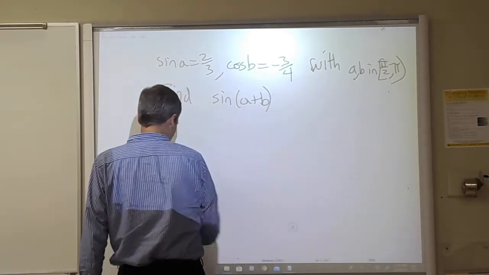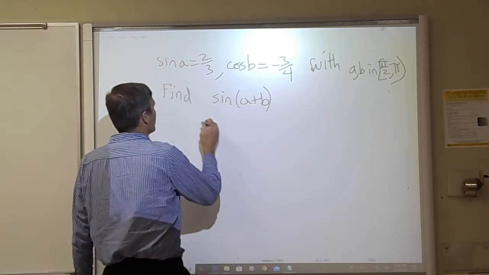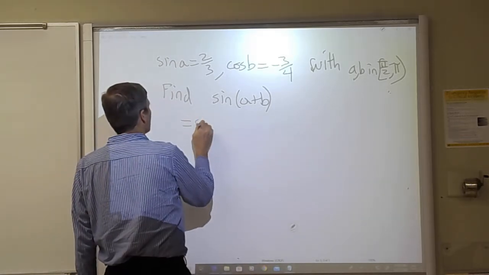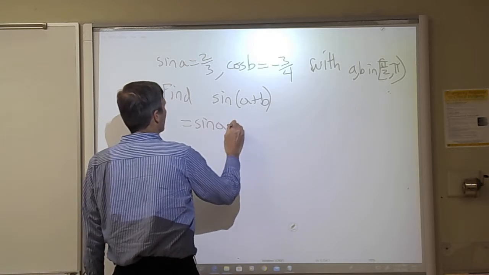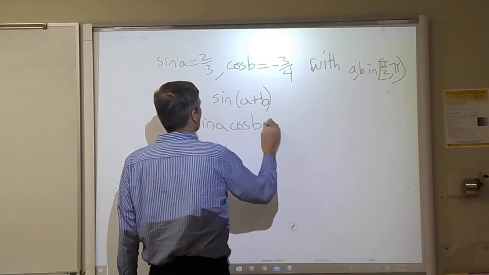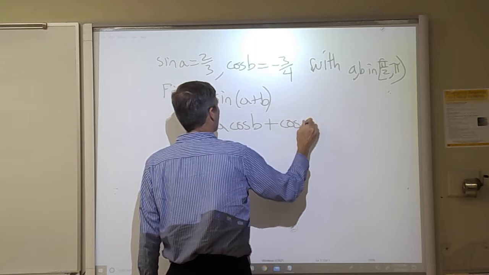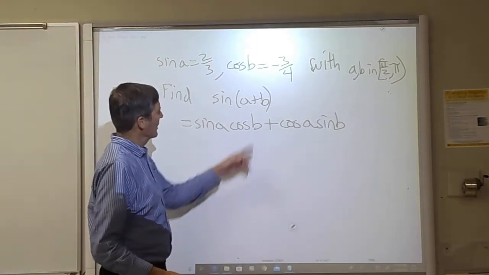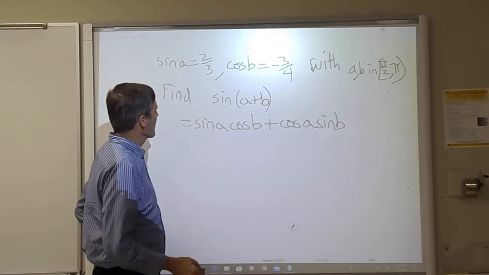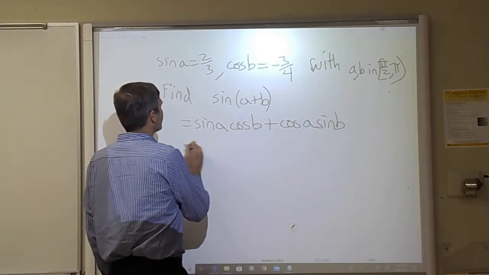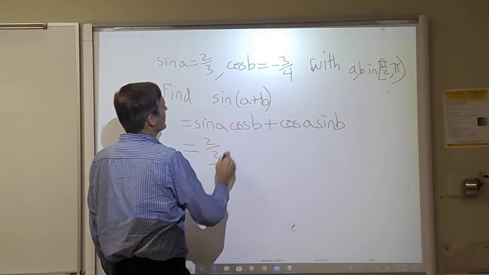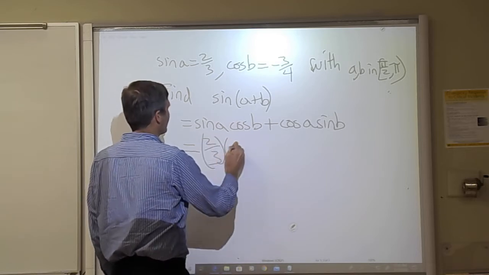Since you have the sine of a sum, you immediately go to the sum identity and say, this is sine cosine plus cosine sine. So the sine sum identity, plus goes with plus. Well, let's see, sine A is 2/3, cosine B is minus 3/4.